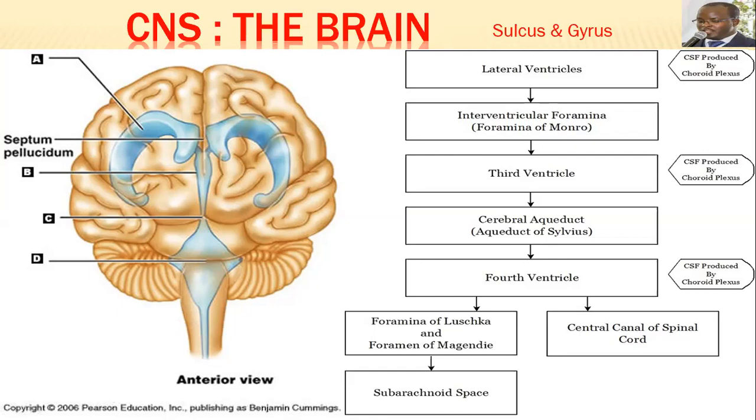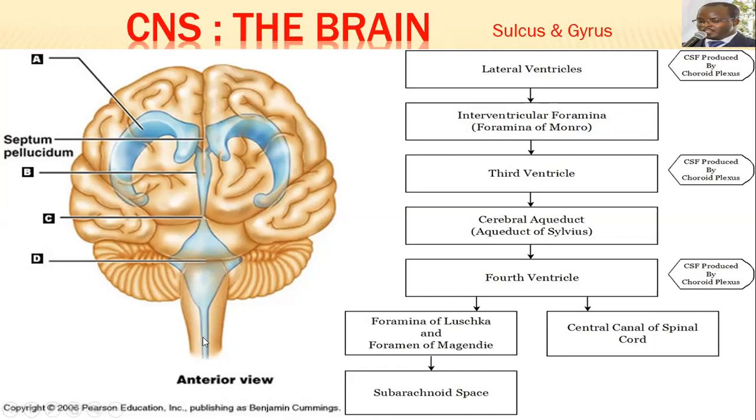Then posterior, or behind the 4th ventricle, you also have the foramen of Magendie, which communicates the 4th ventricle with the subarachnoid space. Then at the center here, you have the central canal that communicates with the spinal cord.